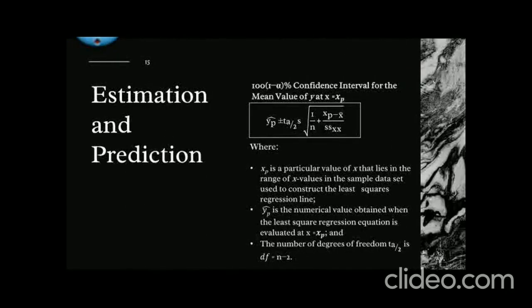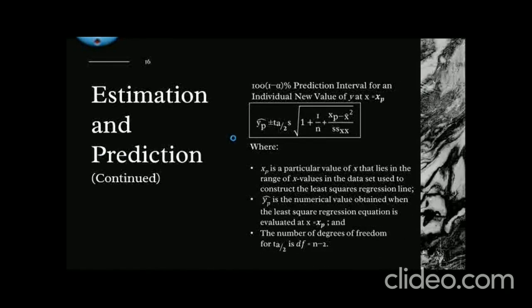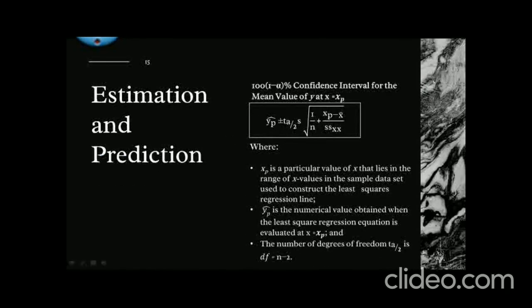Next, our topic is about estimation and prediction. We have two conditions here. First is the 100 multiplied by (1 minus alpha) percent confidence interval for the mean value of y at x equal to xp.